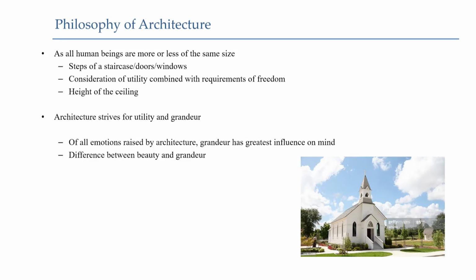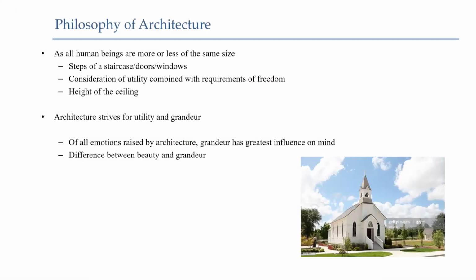What does it mean? It says that when you are in a house, in a building, different types of emotions will come to you. You will feel, say, depressed, you will feel excited, you will feel energetic, you will feel lazy and so on.